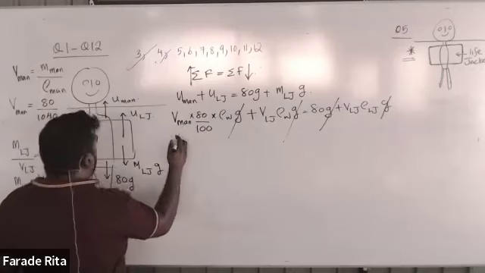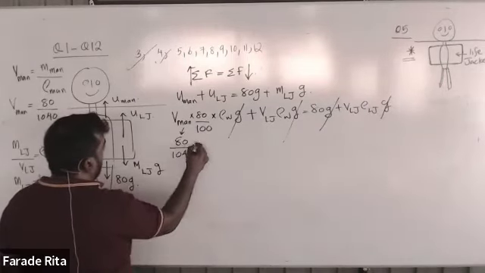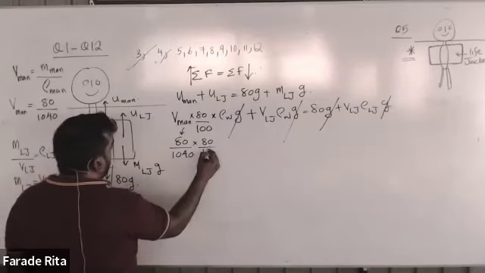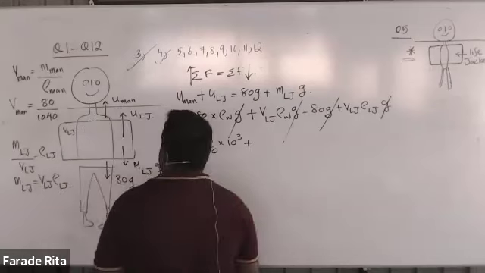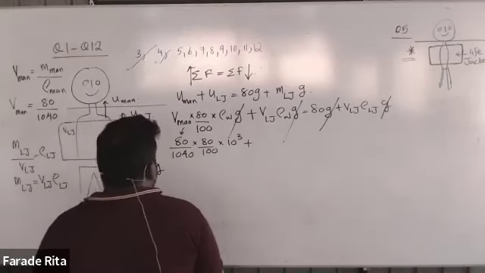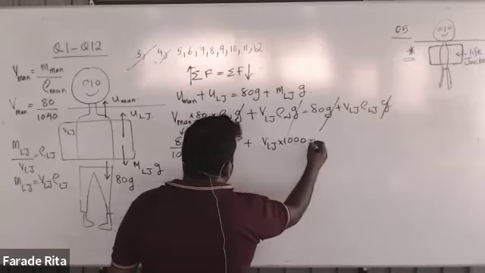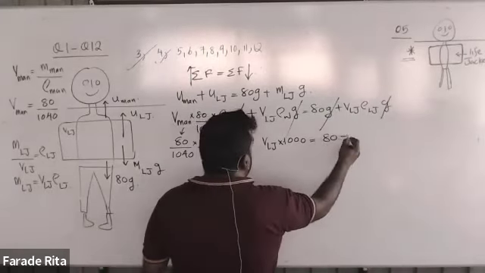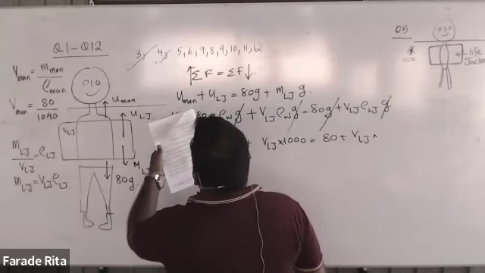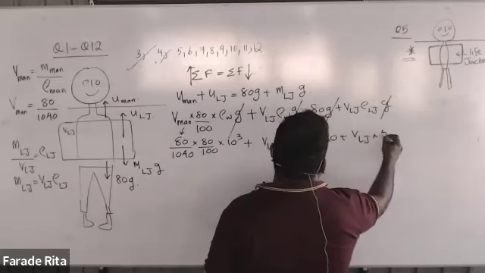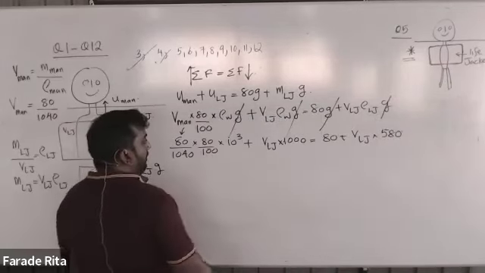Volume of the man, you can mark carefully, 80 over 1040, 80% of that, times density of water, which is 1000, plus volume of the life jacket times density of water, equals 80 plus volume of the life jacket times density of the life jacket. Density of the life jacket is given, 580. Carefully simplify.